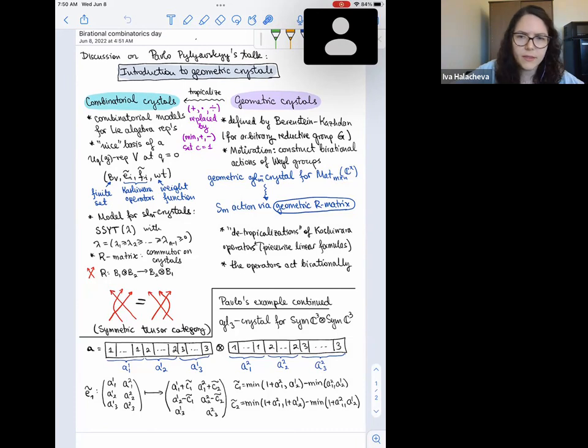And I think this is probably something Gabe will touch upon in his talk as well. For instance, given a geometric crystal for m by n matrices, thinking about the GLM geometric crystal, this produces an action of the symmetric group on this space via the geometric R matrix, which unfortunately we didn't get to in Pasha's talk.